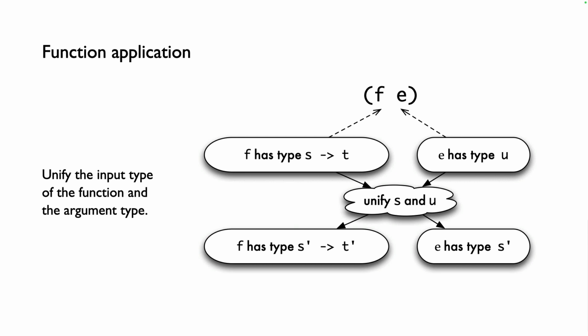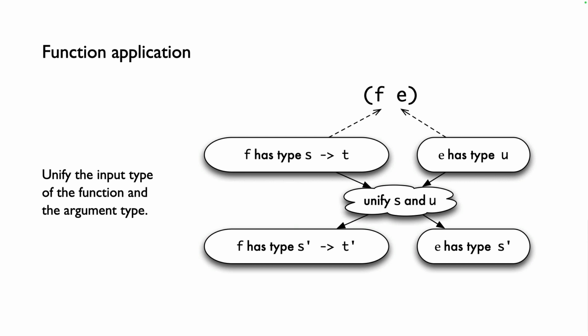So we have to unify s and u. And if we can, giving us a unification, then e will now have the type s prime. We're able to take an instance of s to t, and that means that s prime is now the input type of the function and simultaneously the type of e. So u and s have unified to s prime.